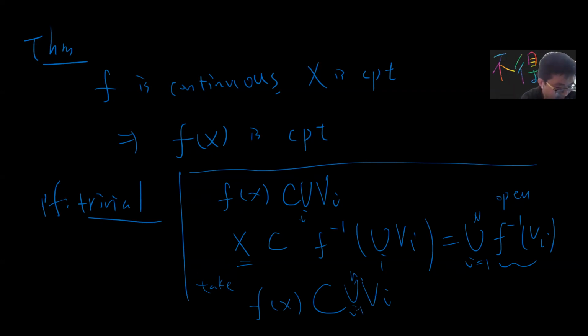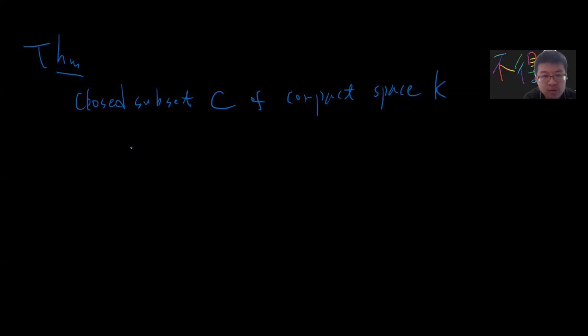Okay, and then there's a theorem that says that a closed subset of a compact space is also compact. So a closed subset C of a compact space K is also compact. This is almost trivial in R^n, right?